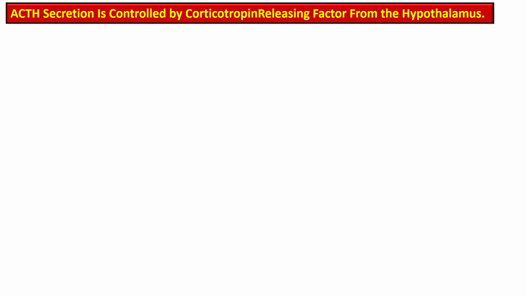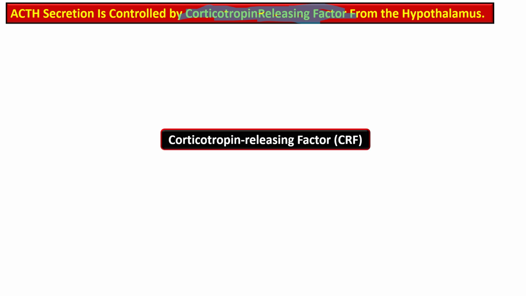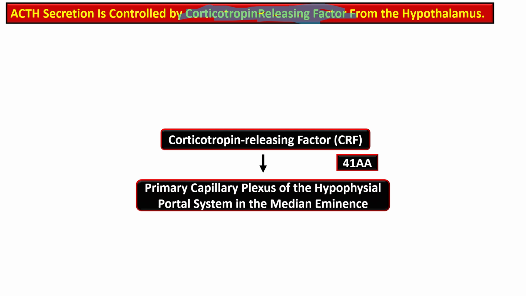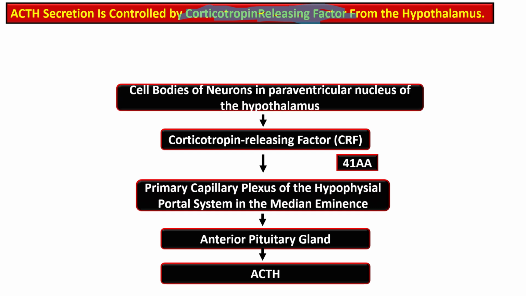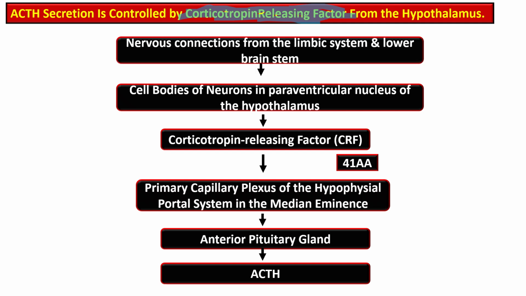ACTH from the anterior pituitary is under the control of corticotropin releasing factor or CRF. So corticotropin releasing factor is a peptide hormone that is composed of 41 amino acids, and it is secreted by neurons that are located mainly in the paraventricular nuclei of the hypothalamus, and it enters the primary capillary network of the hypophyseal portal system in the median eminence.